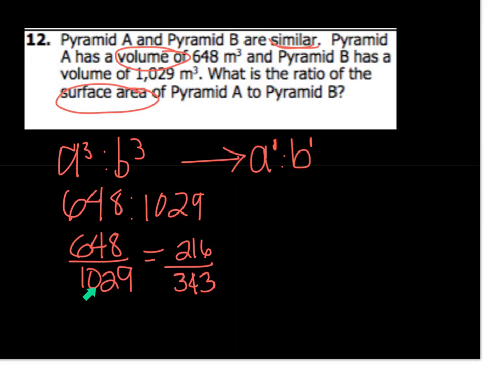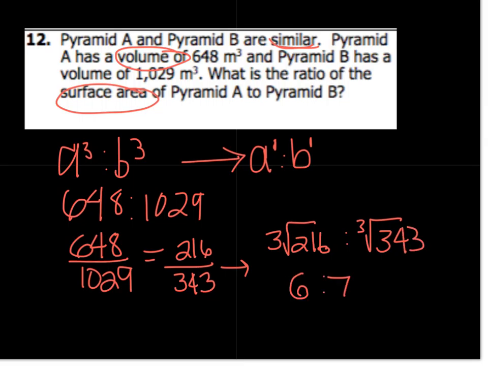All right, so we need to go from the third power to the first power. To do that, we're going to take the cube root of 216, and we're going to take the cube root of 343. Let's see what we get. All right, so we get 6 to 7, but that doesn't answer the question.